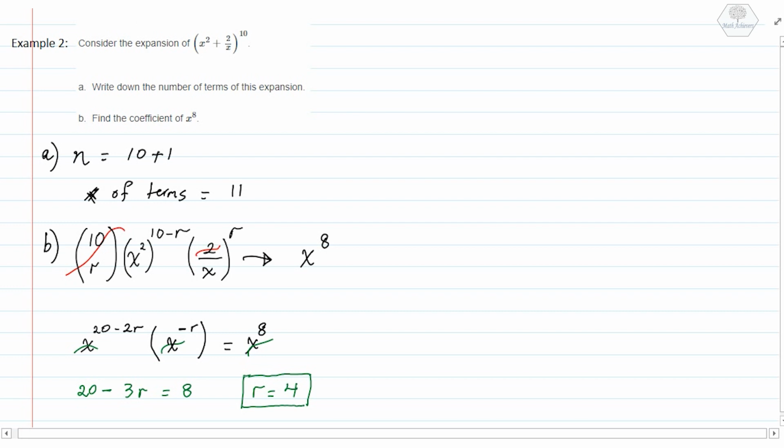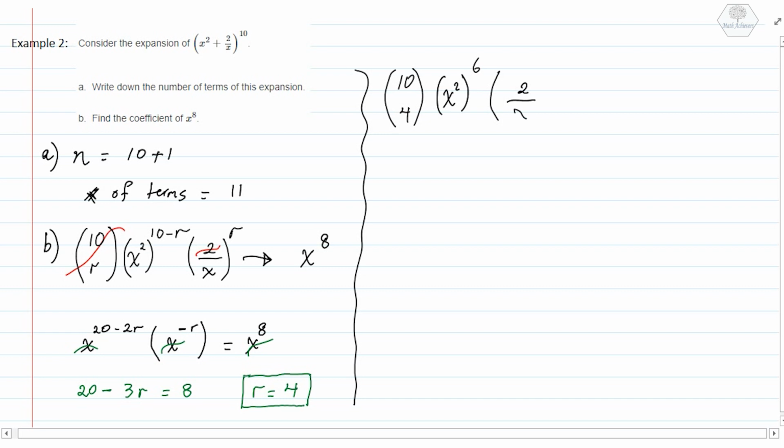After finding the value of my r, I need only to substitute it here to find the coefficient of x to the power of 8. So it becomes 10 combination 4 times x squared, all of it, to the power of 6 times 2 over x to the power of 4.